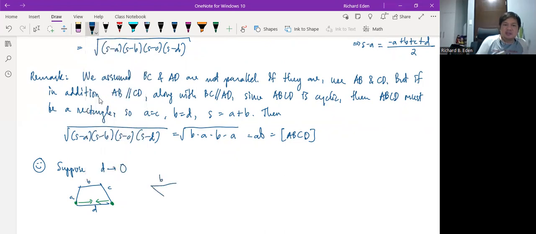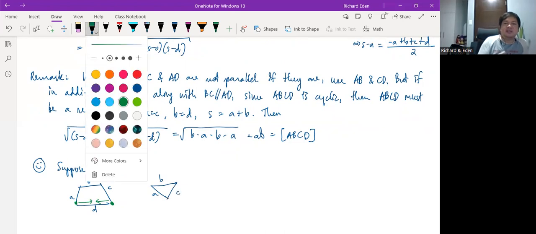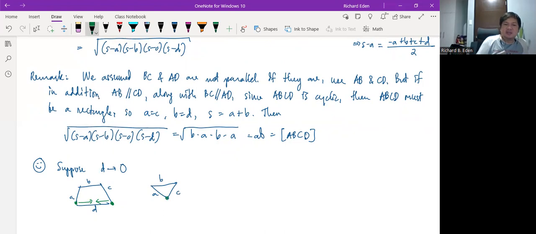So, B and then A and then C. Kasi napaglapit natin sila. Okay? But if on the other hand, C, ipupush natin to 0, in a meaningful way, wala tayong geometric interpretation doon eh.